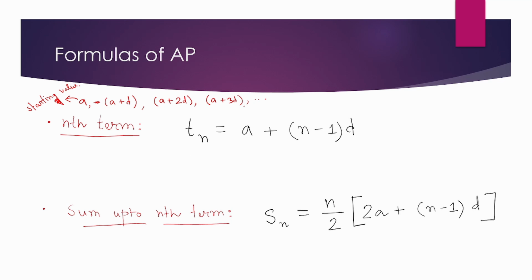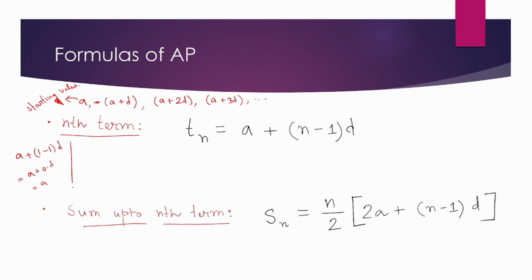So if the series goes in this way, then what would be the nth value or the nth term of this series? You can see that the first term is a, the second term is a plus d. Now the first term can be written as a plus 1 minus 1 times d, which is basically a plus 0 into d, that is a, right?